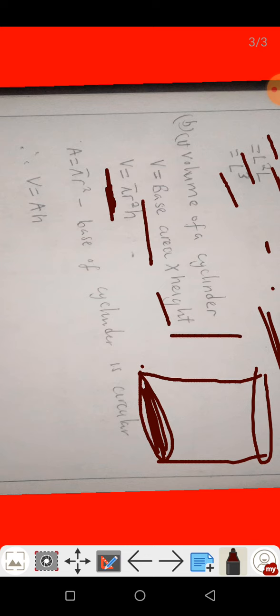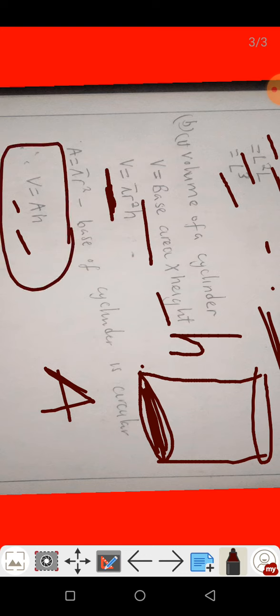Then the height, which is this one, is h. So the volume for a cylinder is pi r squared h. Therefore pi r squared is the base area, which is A in this equation. Then the height is the same height, so we can say that the volume of a cylinder can also be written in this form.